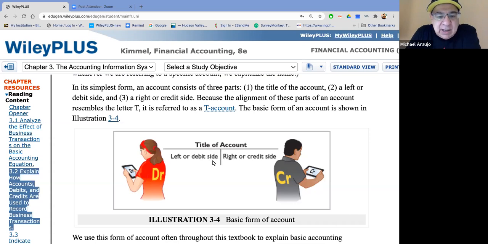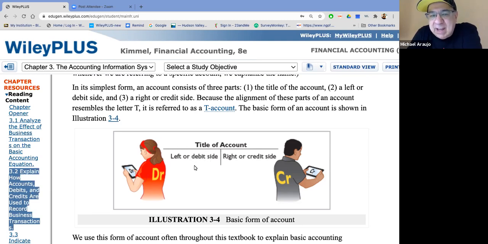Assets increase on the debit side. The debit side is the first of the two sides, almost like heads versus tails, right? And all asset accounts, cash, accounts receivable, supplies, equipment, all assets increase on the left side or the debit side of an account.